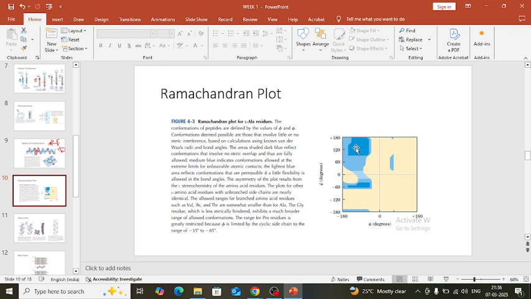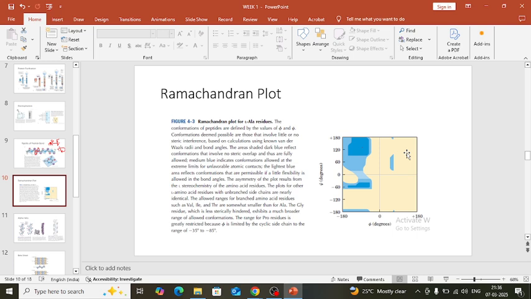Understood? Sir, if phi is 90 and psi is 120, then it will not be stable.